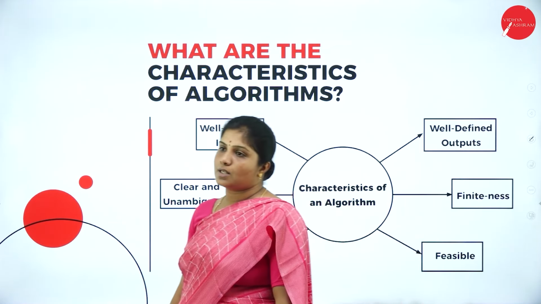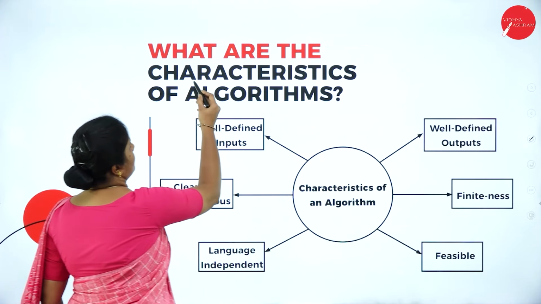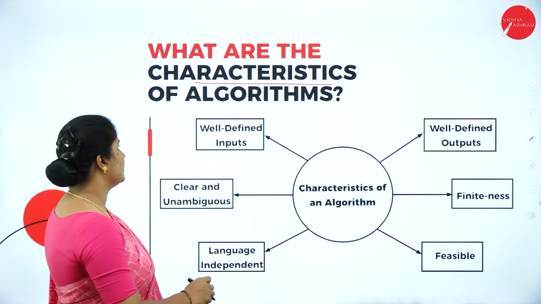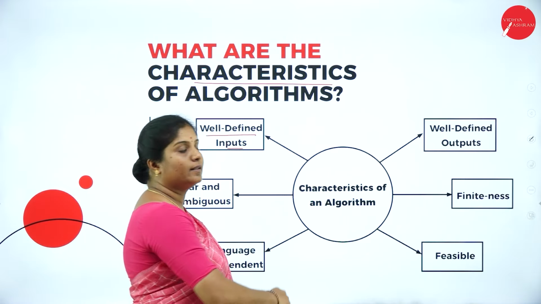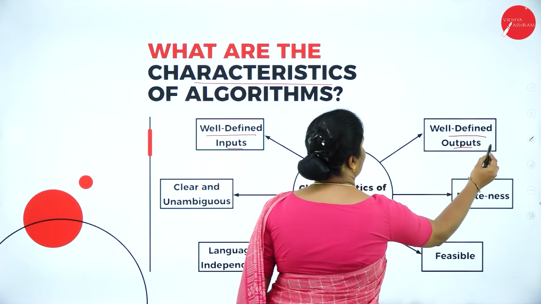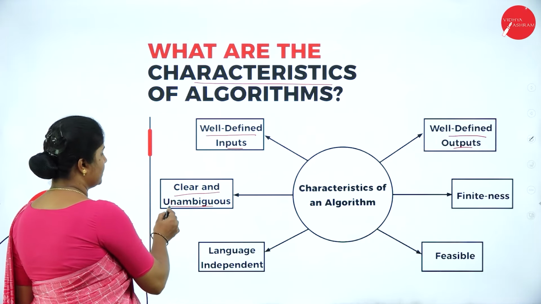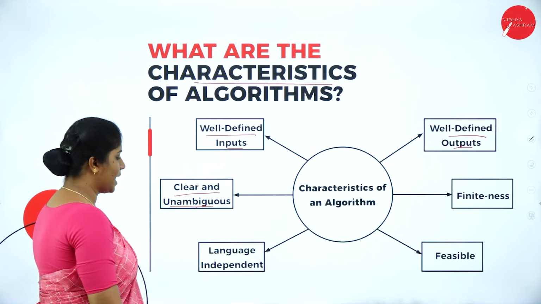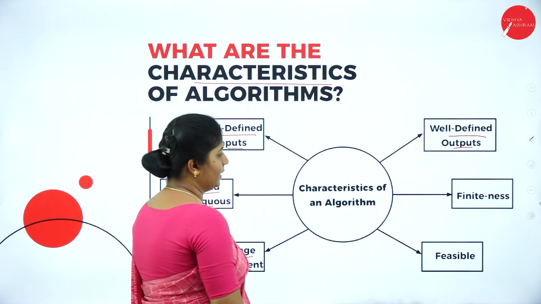Next comes, what are the characteristics of algorithms? We should have well-defined inputs to get well-defined outputs. Next, it should be clear and unambiguous. Whatever input we give should be clear and unambiguous. Then the algorithm should be language independent.